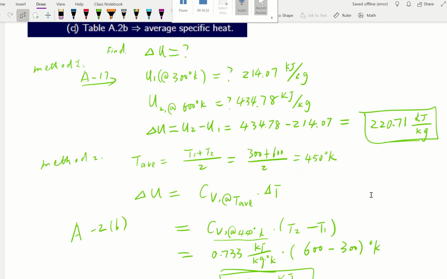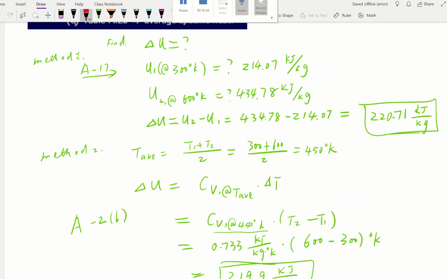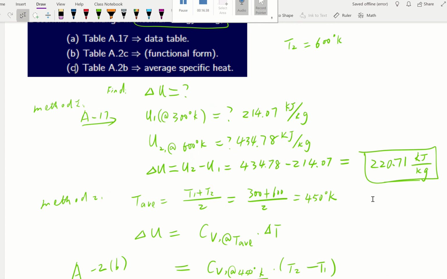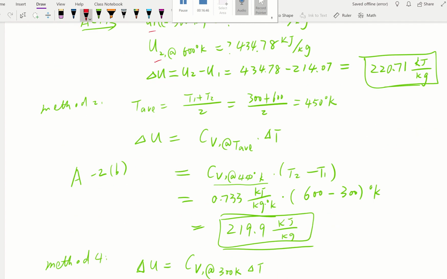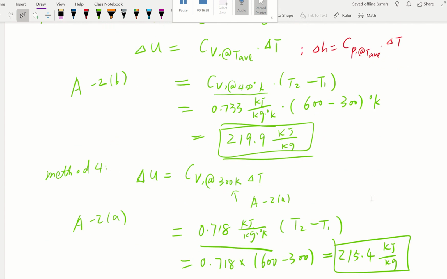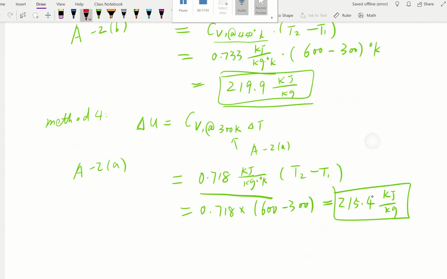Here I want to extrapolate. If they want you to find delta H, what would be different? Here, just go ahead and find H, right? It's 300 Kelvin, same ideal gas table. The difference is instead of CV, we're going to use CP, and we're going to use the same average temperature 450 and times delta T. Same thing for method number 2.